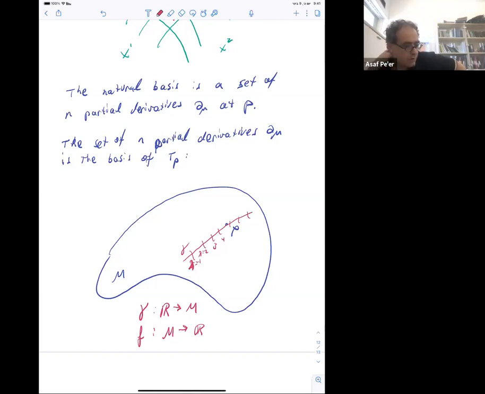So lambda is the parameter along the curve.